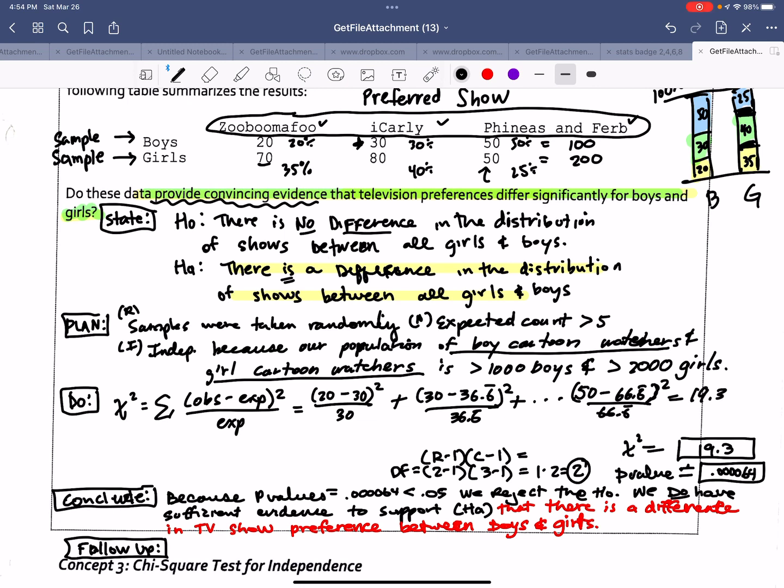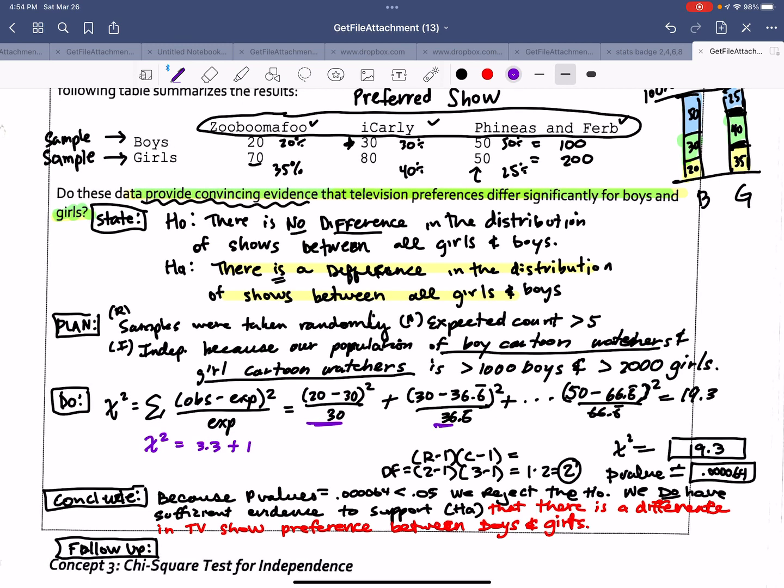So what were each of these numbers? Well, there were 6 numbers. The first one, this one, was 3.3. The next one, this one, was 1.2. The next one was 8.3. The next one, 1.6. The next one, 0.6. And the last one, 4.2. Those add up to 19.3.